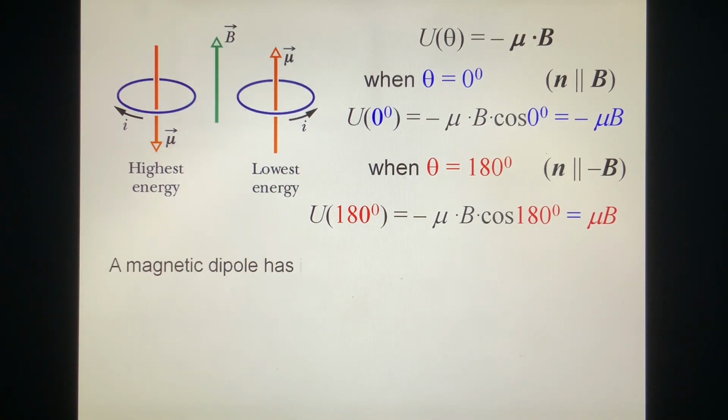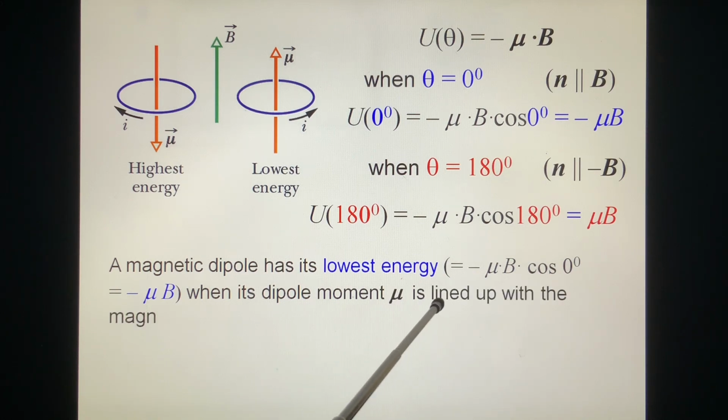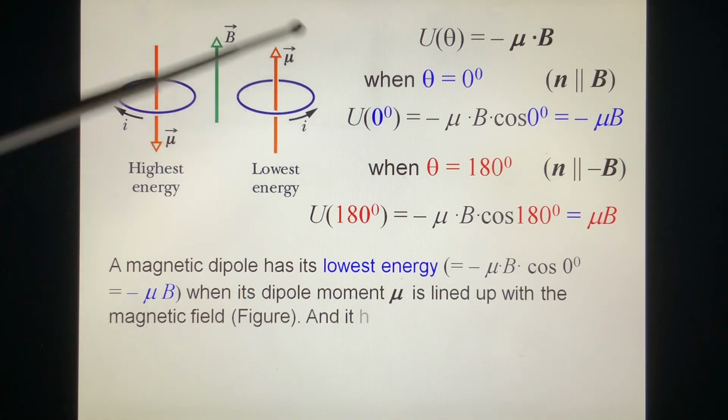A magnetic dipole has the lowest energy when its dipole moment mu is lined up with the magnetic field, like this case.